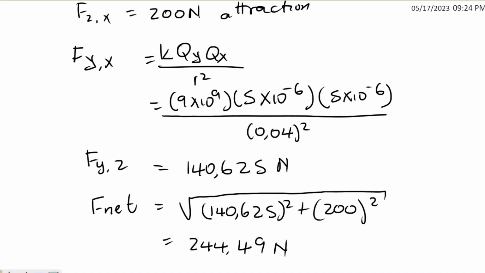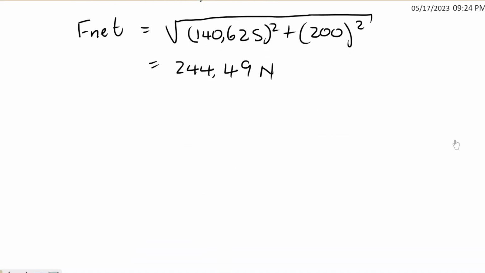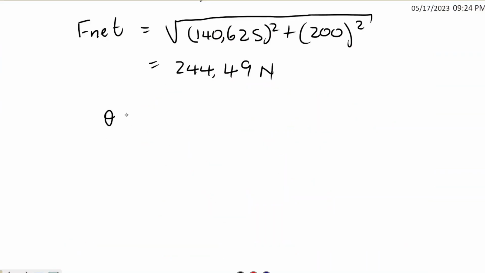Now they did not say you must find the angle or the direction, but sometimes they like to say find the magnitude and direction. So just for interest's sake, let's also do the direction, which is this angle. That angle will be theta, which will be tan inverse of y over x.